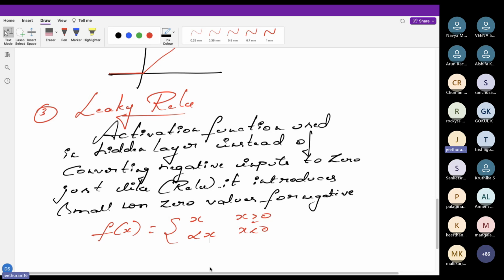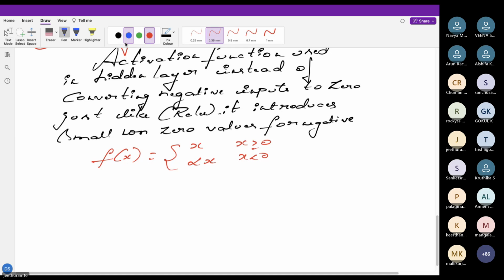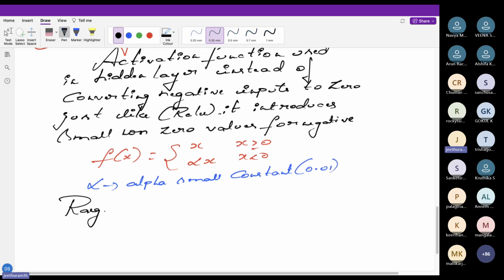So it is just introducing an alpha small constant, like 0.01, something like that. Okay, I hope this is clear. And the range, since it is including negative values, the graph is going to be like this.